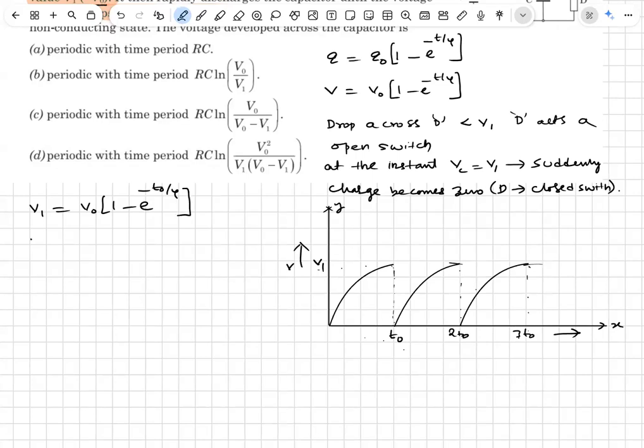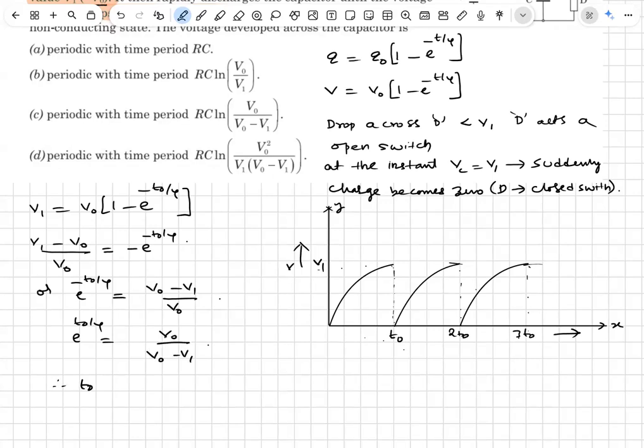Boys and girls, (V1 minus V0) by V0 is minus e to the power of minus t0 by tau, or e to the power of minus t0 by tau is (V0 minus V1) by V0. And e to the power of t0 by tau is V0 by (V0 minus V1).